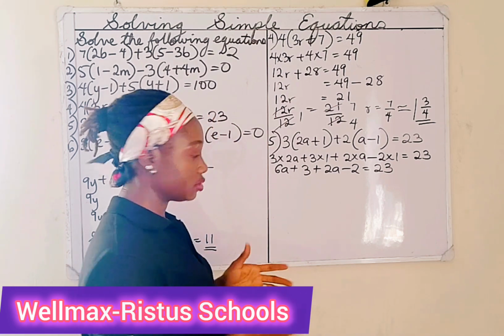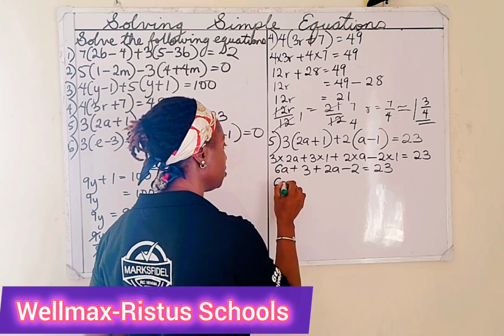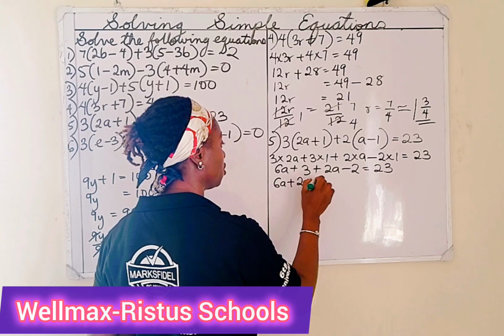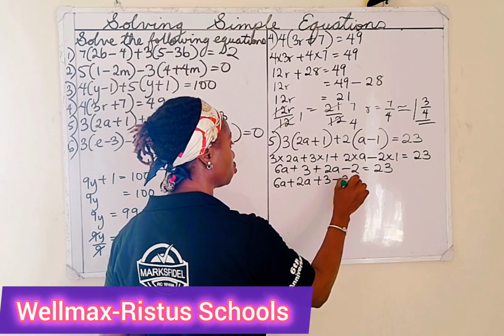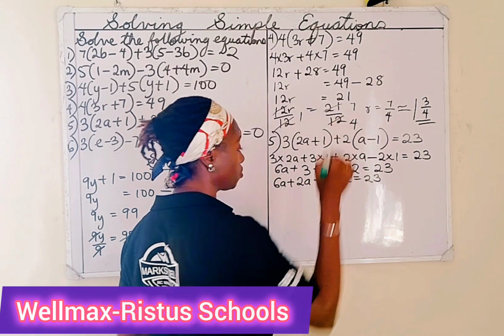Then we'll collect like terms. Then we'll have 6a plus 2a plus 3 minus 2 equals 23.